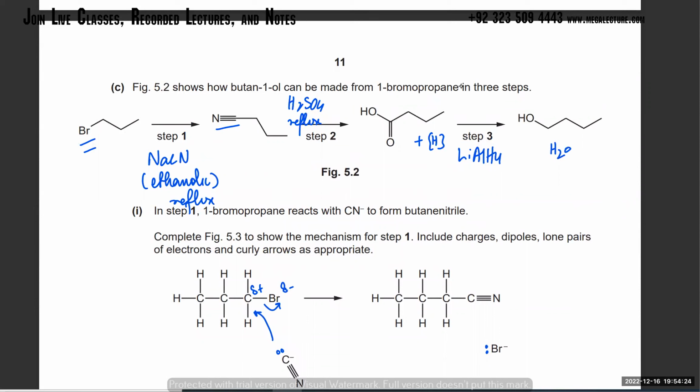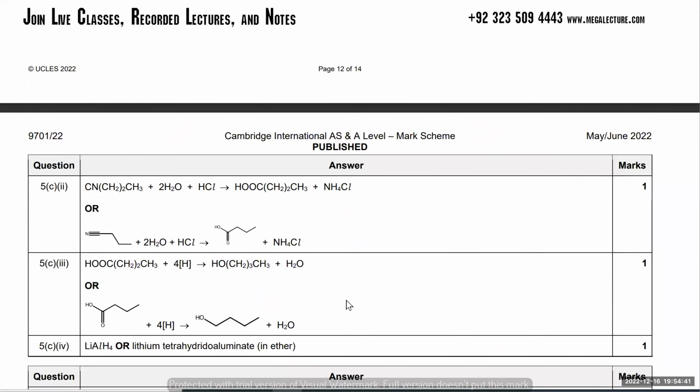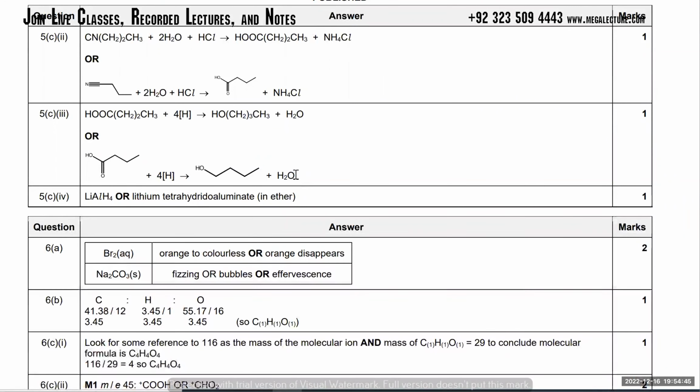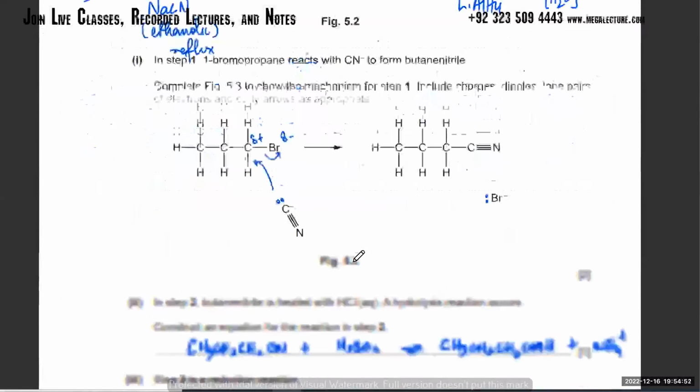It's going to grab the oxygens and water will be formed. How many oxygens are lost? 2. इसको फिर appropriately balance कर लेना, ठीक है? 4 H's are needed and it will form water molecules. That's it. और LiAlH4 हमने पहले ही कर दिया था, ठीक है? So we are done with this question.